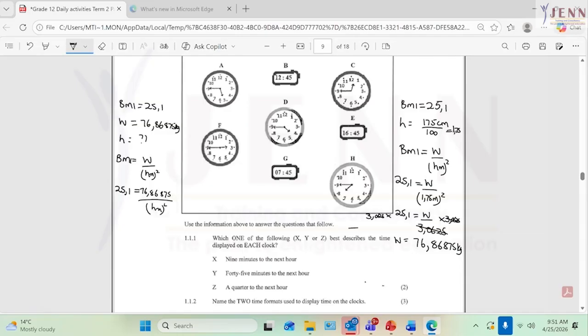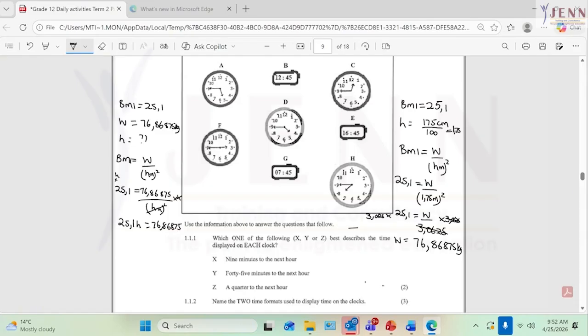Next step, we multiply both sides by the height squared, so that we get rid of the denominator. Height will cancel the height. Now we have height squared times 25.1, which is 25.1 height squared, equal to 76.86875.